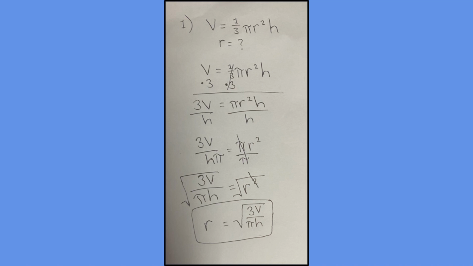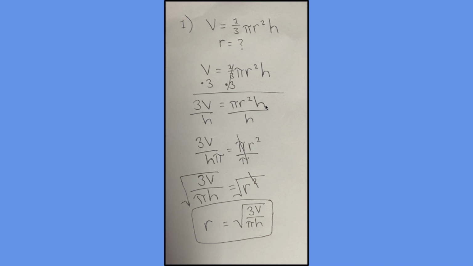We know what to do. We're going to start off by multiplying by 3 to cancel out 1/3, because when working with fractions we always multiply by the reciprocal. So then we get 3V equals pi r squared h.